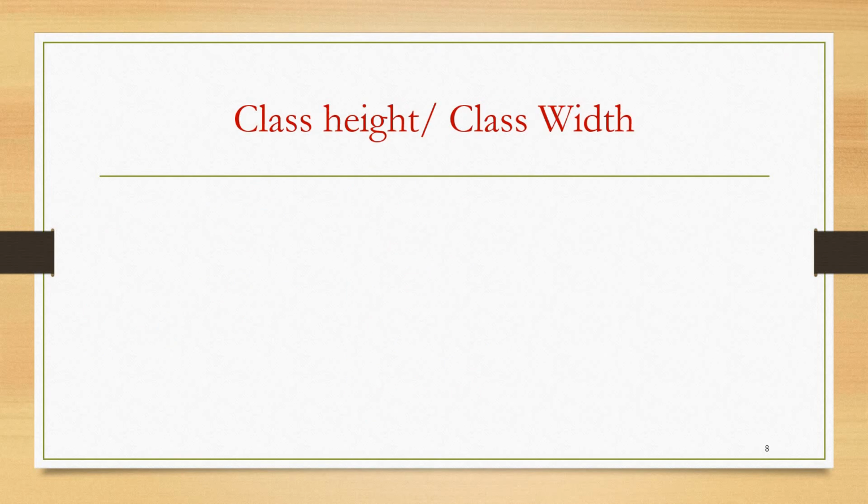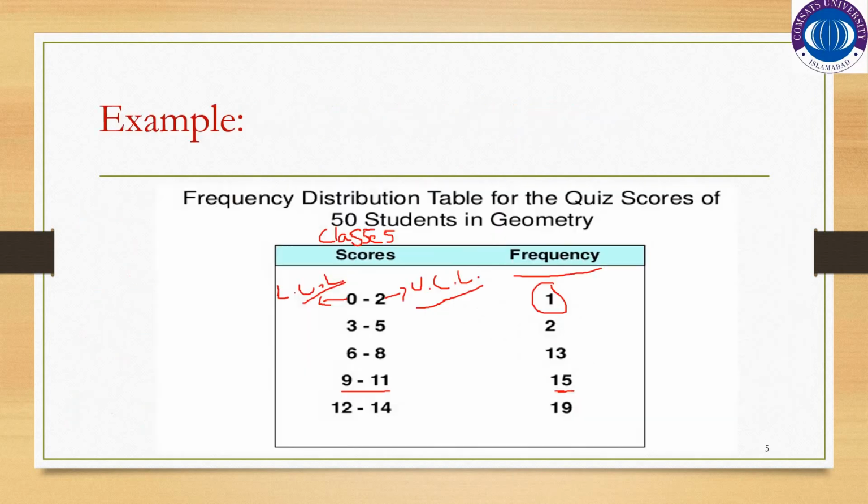Now the next one is the class height or class width. Class height is represented by small h. And how will we calculate it? If we are given the data set in the form of classes, then the difference between two consecutive lower limits or two consecutive upper limits is the class height.